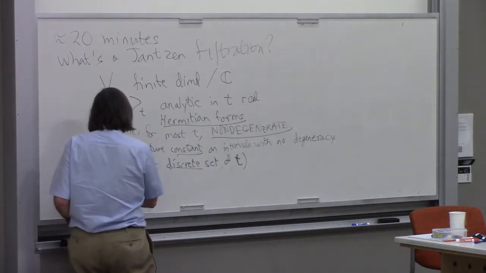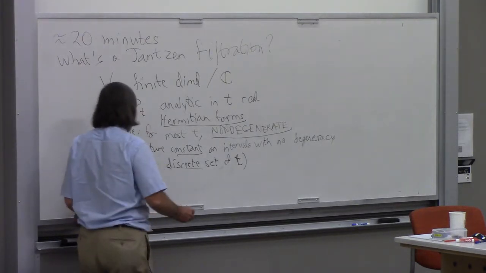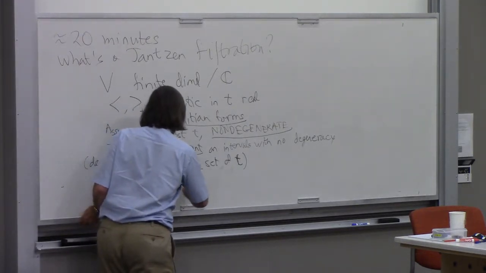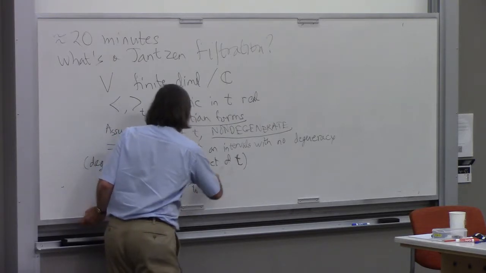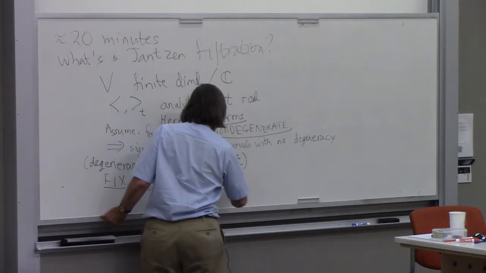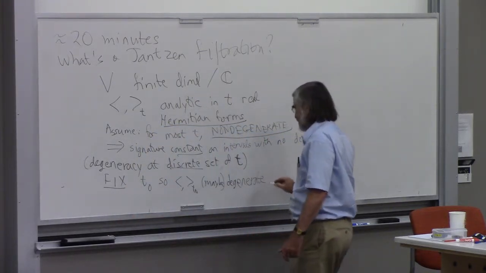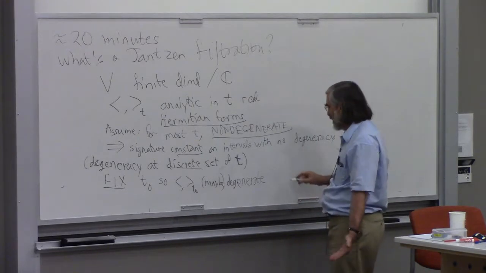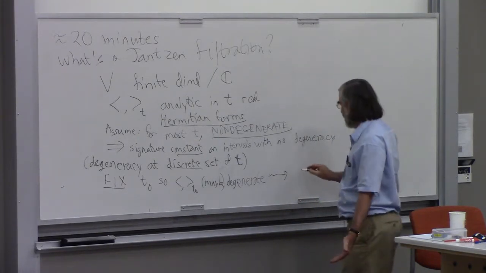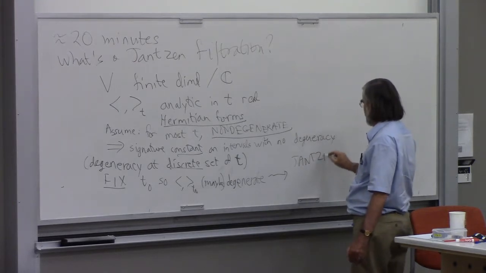So I want to fix some T0 so that this form is maybe degenerate. And I want to explain to you the Jantzen filtration.